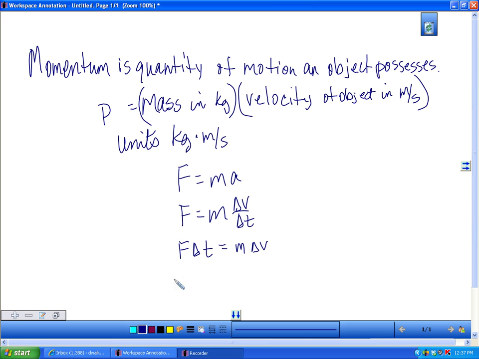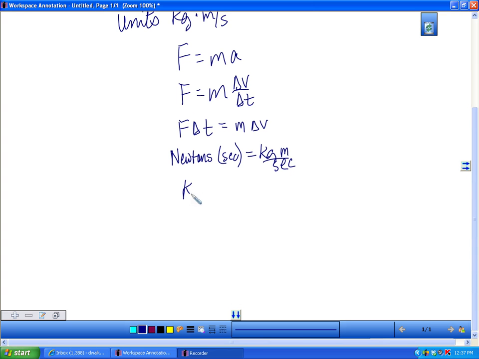So a force applied over a period of time, that's going to be in newtons times seconds. And a newton times a second must then equal kilogram meters per second. And if you play with the units, you can easily see it does, because kilogram meter per second squared multiplied by a second is definitely going to give me kilogram meters per second.